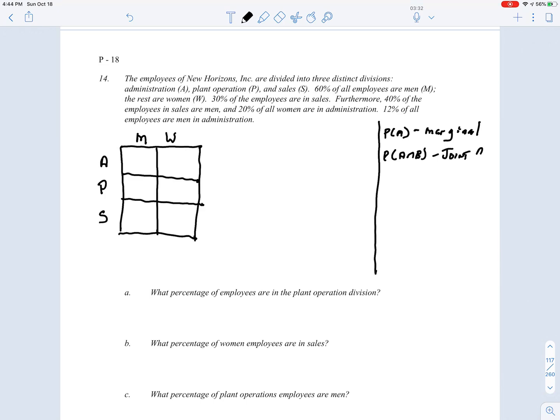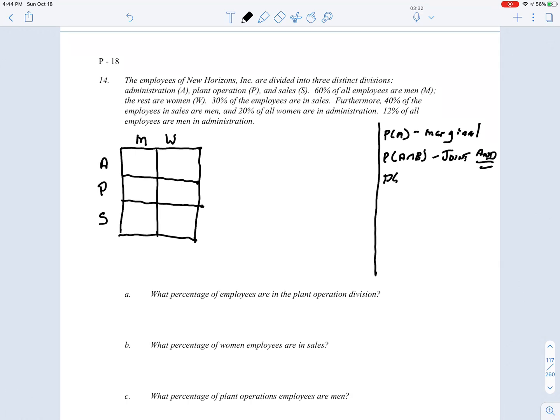And remember, what's the operative word there? And. Then we've got a union. And what's the operative word? Or. And then finally we've got a conditional. And the operative word? Given. So there's the four types of probabilities.